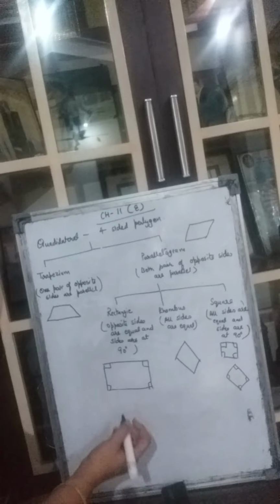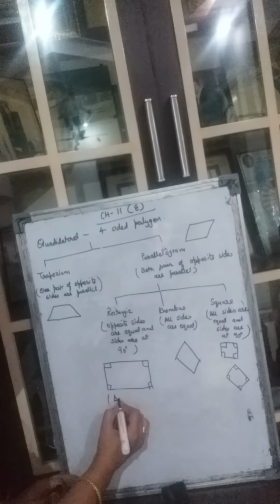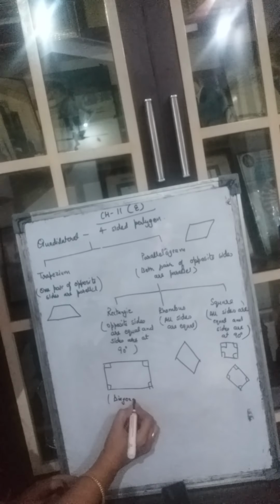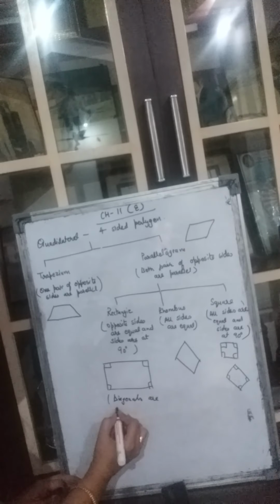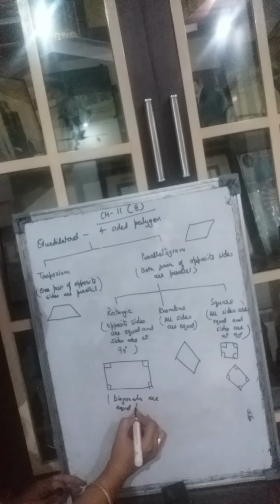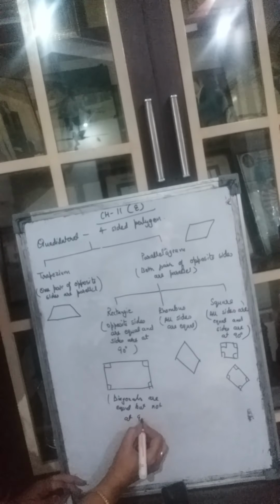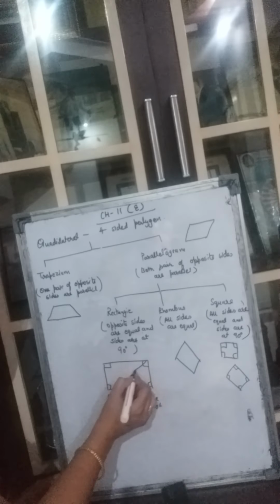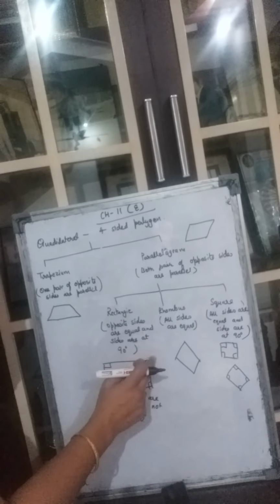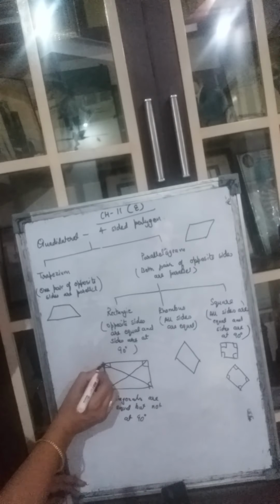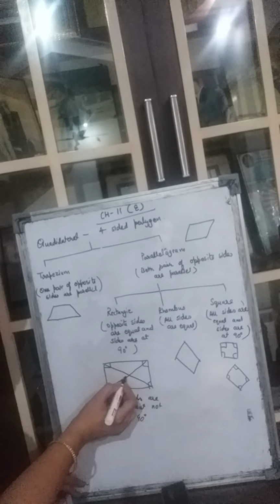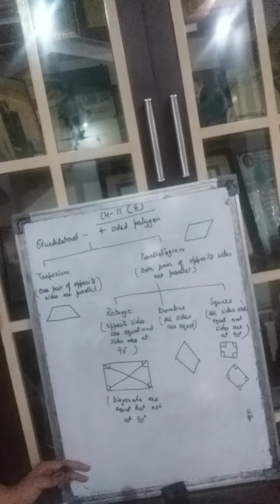So girls, here you can write one more property, that here the diagonals are equal but not at 90 degree. These are the diagonals, you know very well, which go from one angle to the opposite angle, right? One point to the opposite point. They will be equal but they will not cut each other at 90 degree in a rectangle.